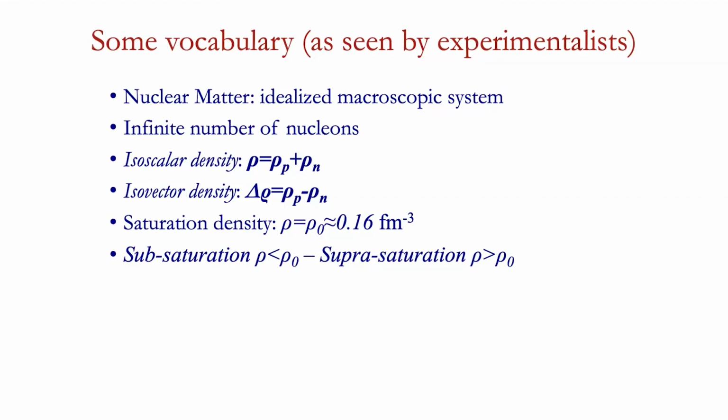And then, of course, the saturation density is a parameter that we need to know. It's important. It's basically the density, the average density in nuclei in the ground state. And we call physics at subsaturation whatever happens below saturation density, and suprasaturation whatever happens above saturation density.